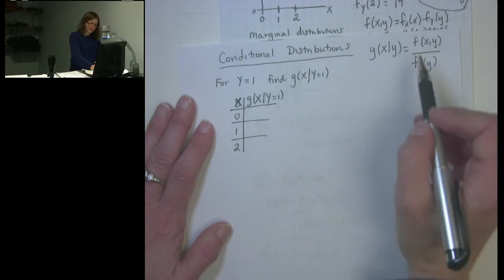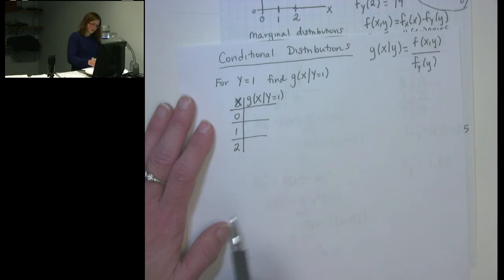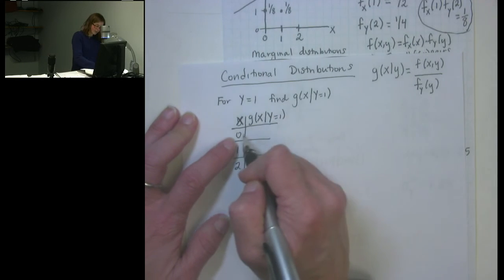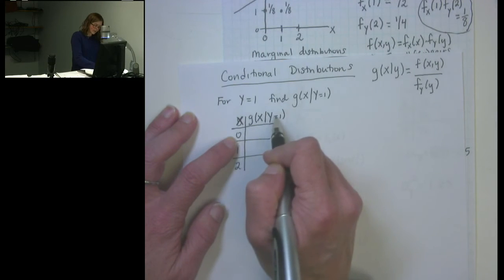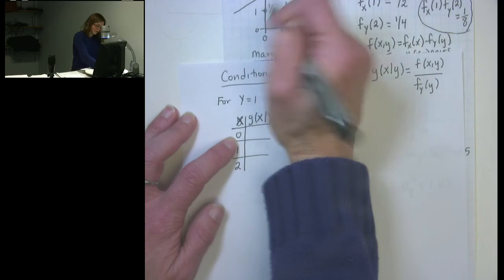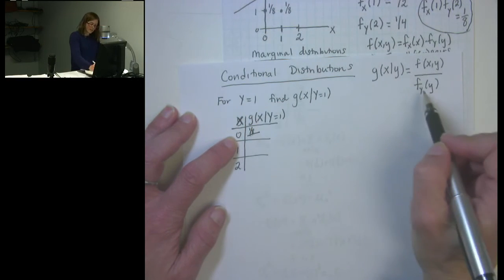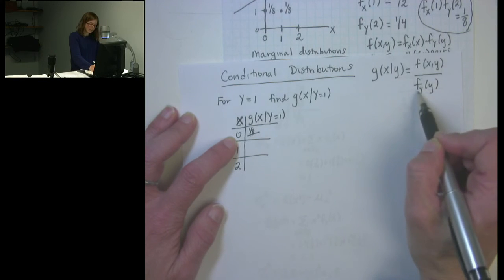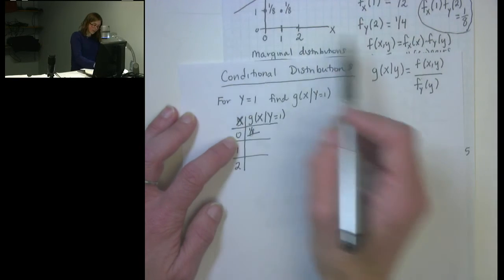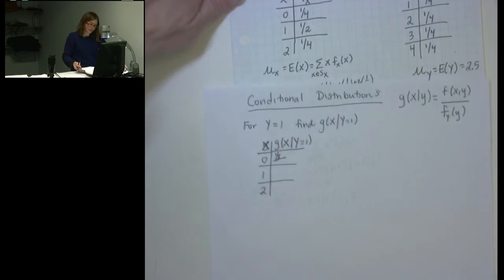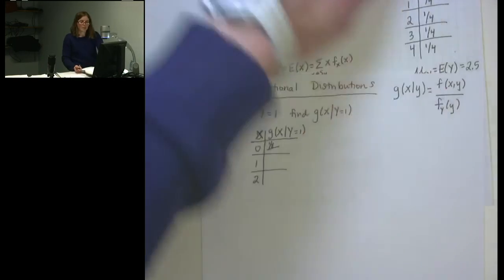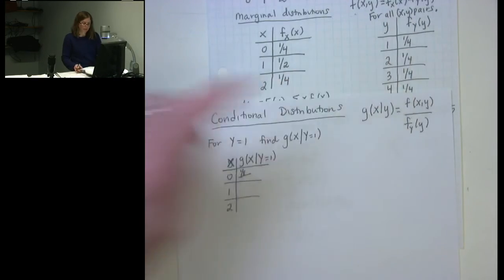Now to find this, I'm going to take my joint probability. So let's see, the probability that x is equal to 0 and y equals 1, 0, 1, that's 1/8. I'm going to divide it by the chance that y is equal to 1. The chance that y is equal to 1 is going to come from my marginal for y. It's 1/4.